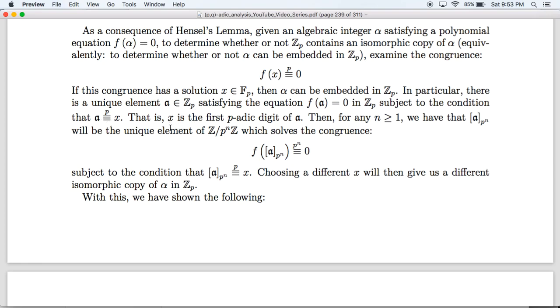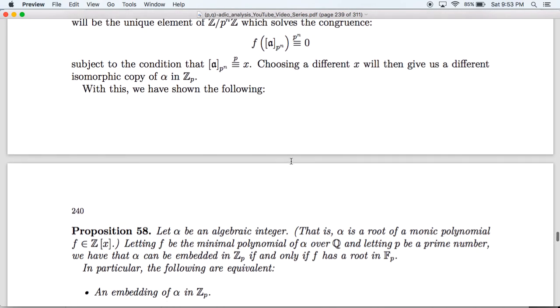That is to say, x is going to be the first p-adic digit of a. Then for any n greater than or equal to 1, the projection of a modulo p to the n will be the unique element of Z mod p^n Z, which solves the congruence f of something is congruent to 0 mod p^n. So with this, we then have the following.